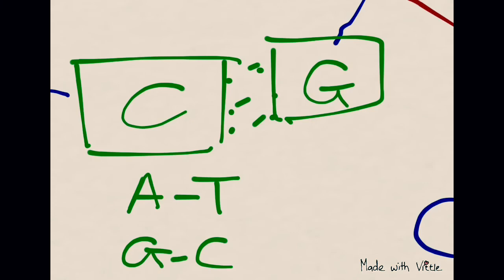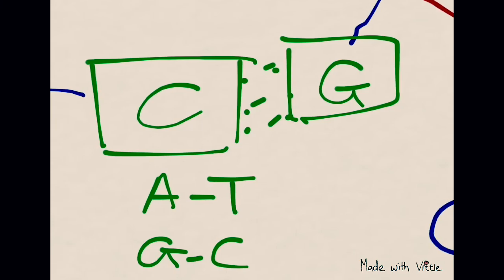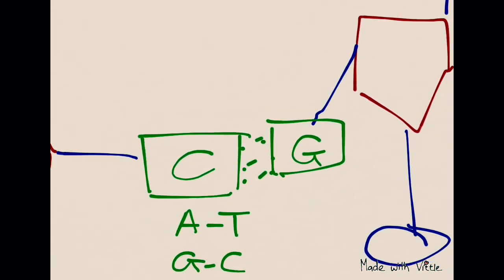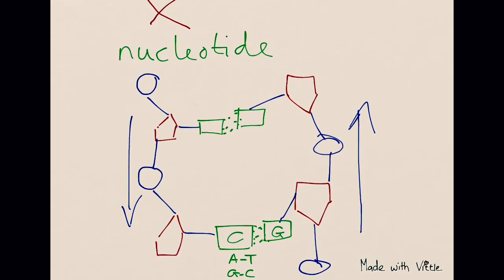Okay, so now we're starting to look at how the code works in DNA, and now we can start to think about, well, what does this mean in terms of genes? So a gene, what is a gene?